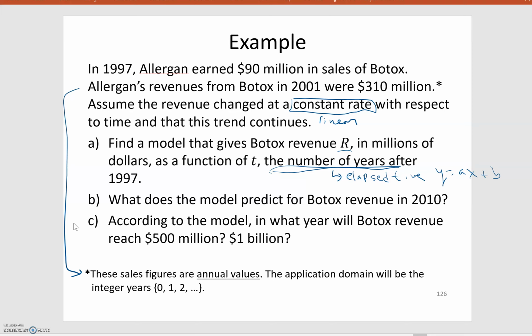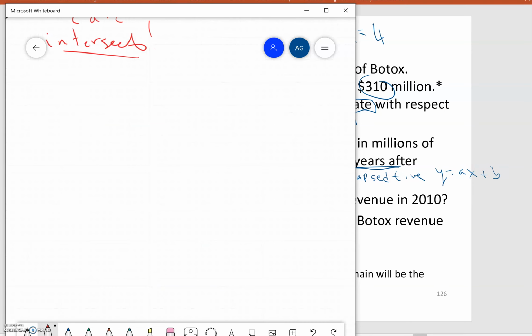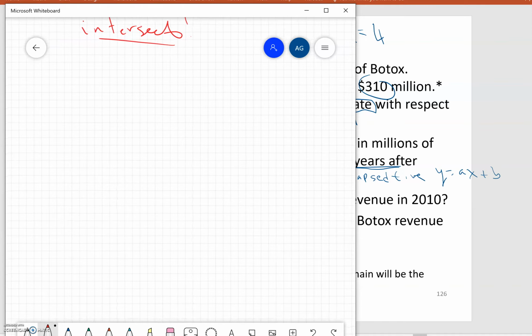So looking at the information that we're given, we have basically 2 points. We have 90 million at time 0 and 310 million in 2001, which is going to be time, what is that, 4, right? So if I was going to draw a little graph of this, it would look something like the following.